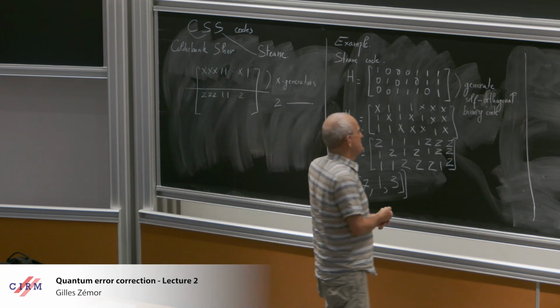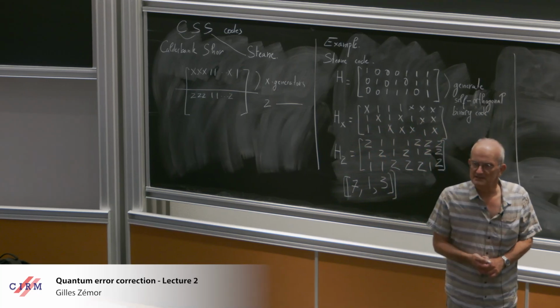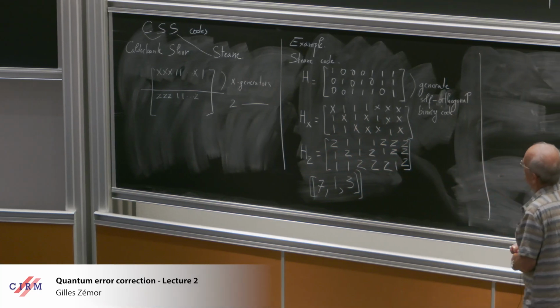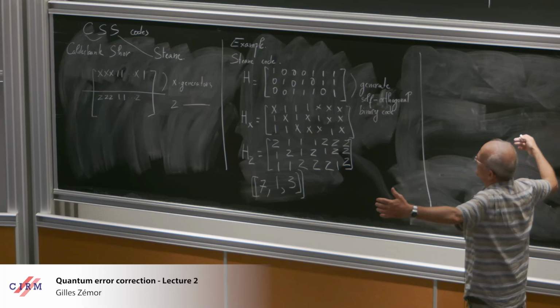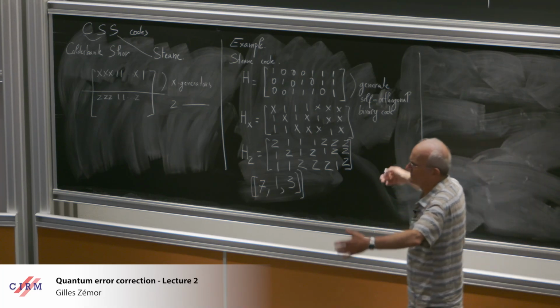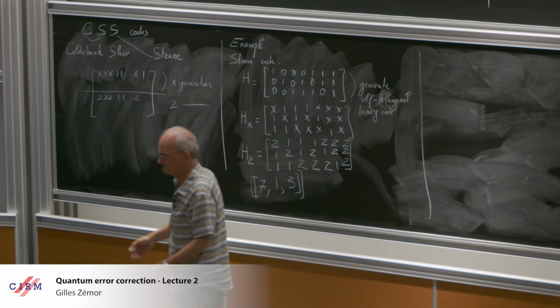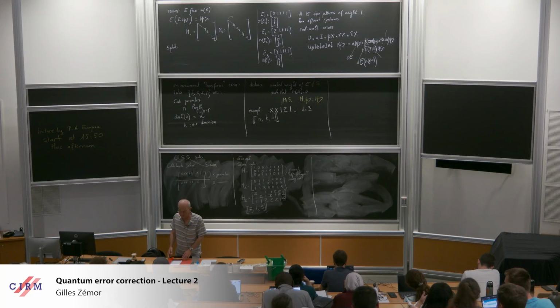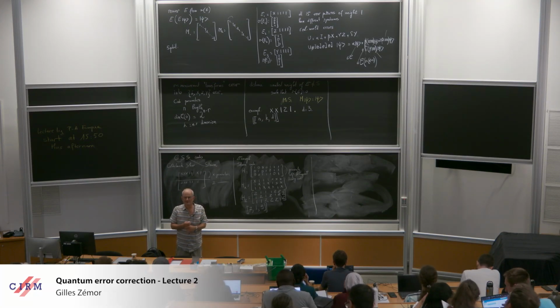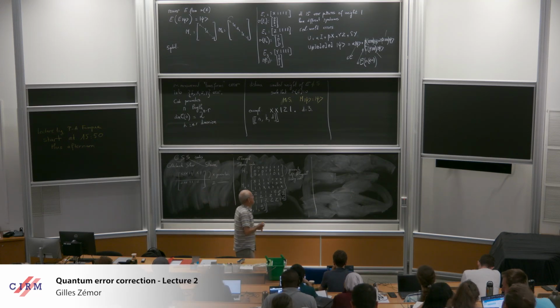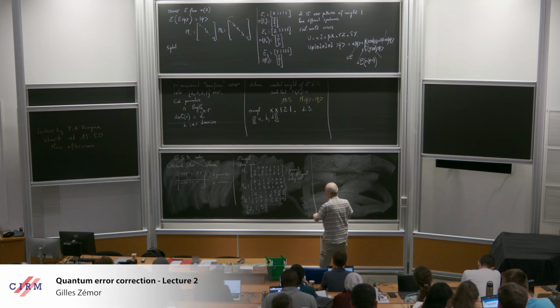But one can also show that asymptotically you do not lose all that much. If you have a very long stabilizer code with some parameters, you can transform it into CSS codes with slightly worse parameters, but not catastrophically worse parameters. I will not explain how.